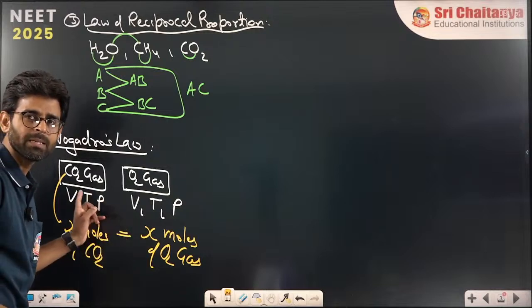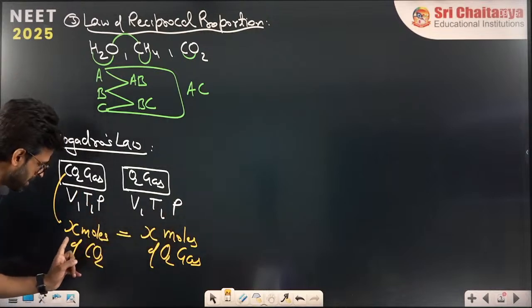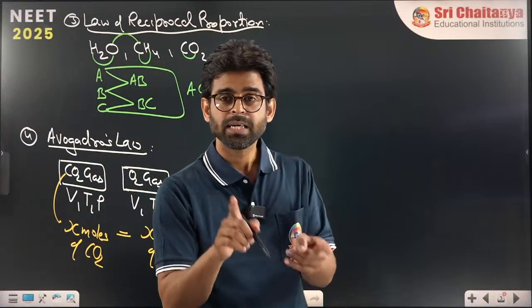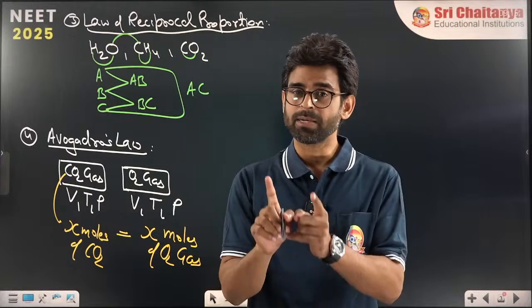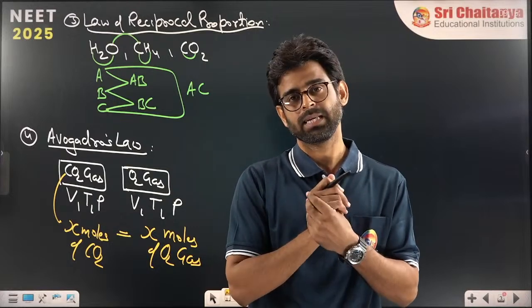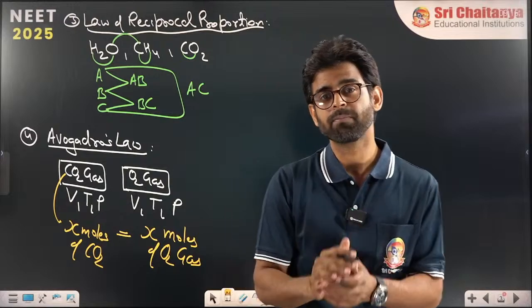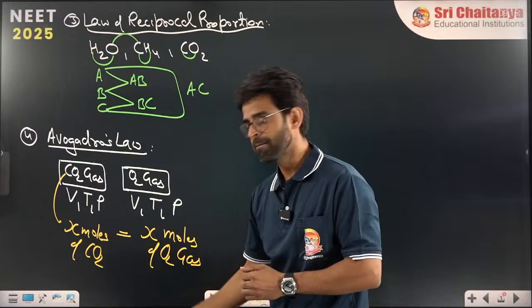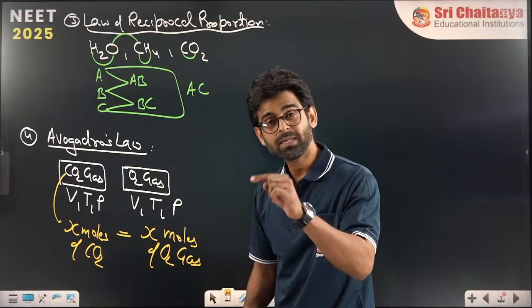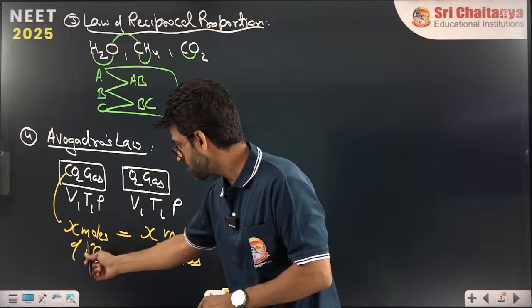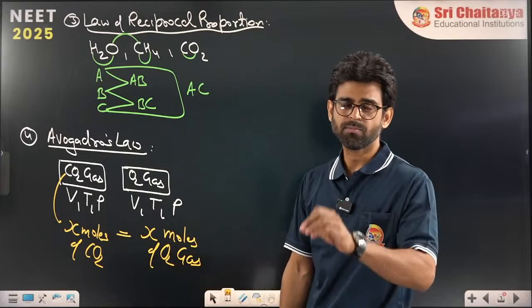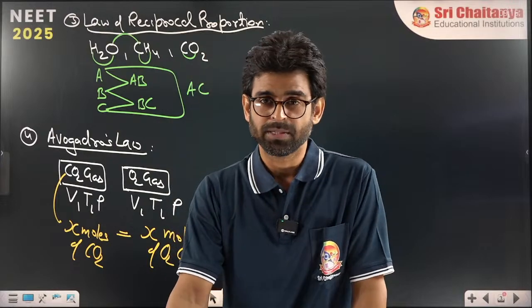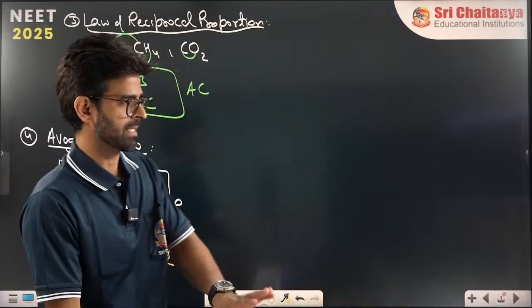If volume is same, temperature same, pressure same, then both will contain an equal number of moles. Equal number of moles you can say, equal number of molecules you can say, but not an equal number of atoms, because atoms will depend on the atomicity. How many molecules? X into Na, X into Na. But how many atoms? Into 3, into 2. So moles are same, molecules are same, but not the atoms, right? So atoms you can't say.